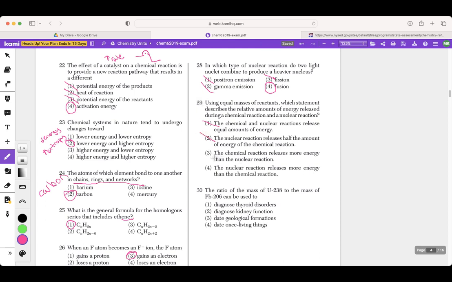Choice 3, the chemical reaction releases more energy than the nuclear reaction. That is not true either. Nuclear reaction releases more energy than a chemical reaction. That is true. The reason we're able to make this comparison is because of equal masses.